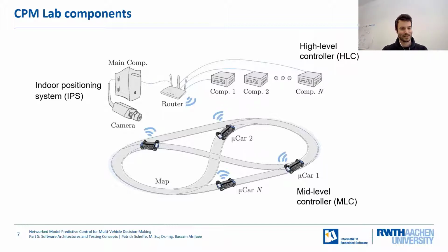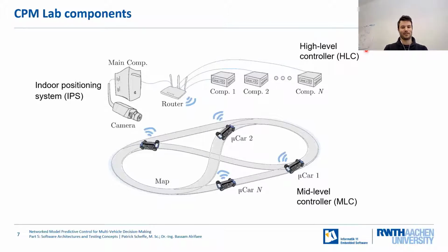In the sense category, we have the positioning system, which consists of a camera mounted above the vehicle track, and the camera is connected to a computer, which does the basic image processing. Then this computer knows the poses of the vehicles and can send these poses with this router to the vehicles and to the high-level controllers. And the high-level controllers are in the plan category.